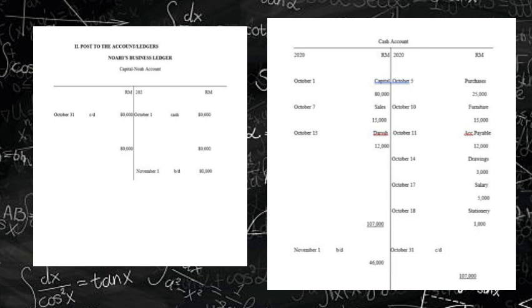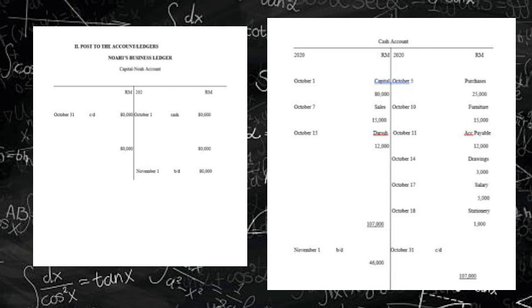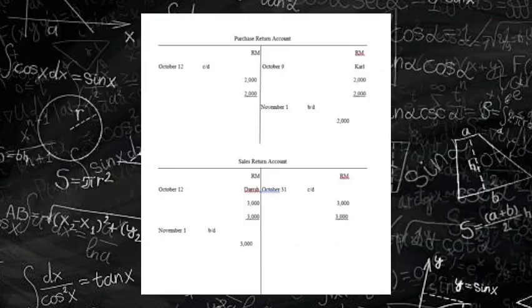15,000 has been debited to the furniture account, and 3,000 debited to the drawings account. Interest account, 4,000 credit. 12,000 is credited to the loan account, and 12,000 to Mike's account. Payroll debited by 5,000, 1,000 debited to the stationery account.